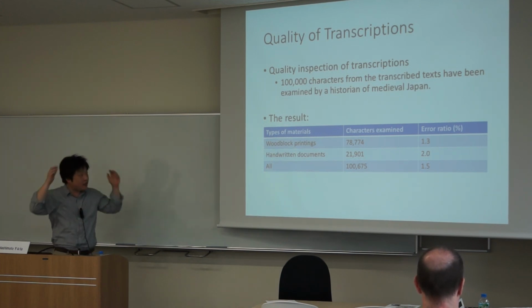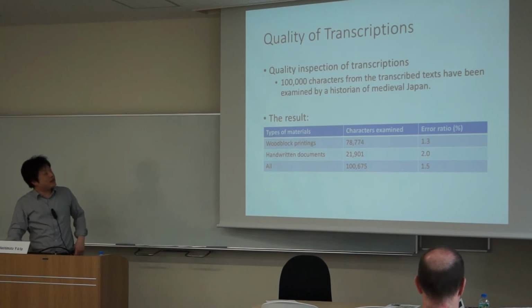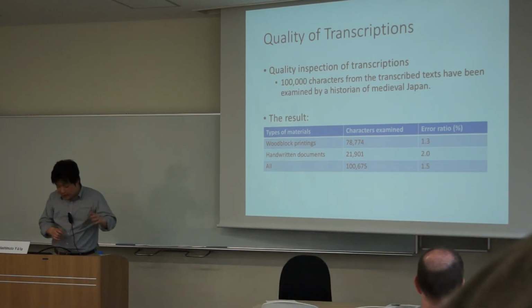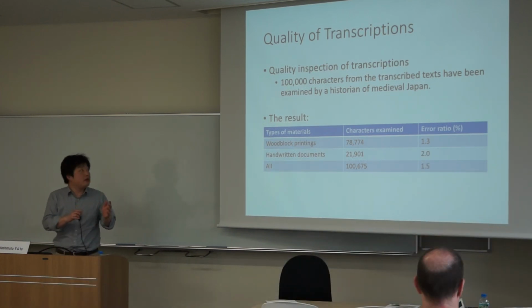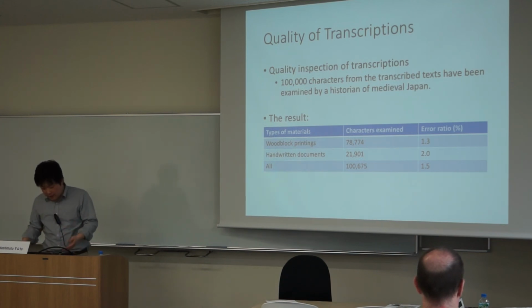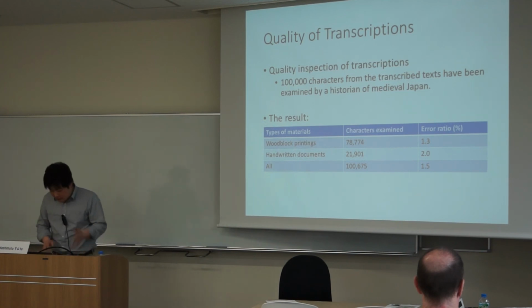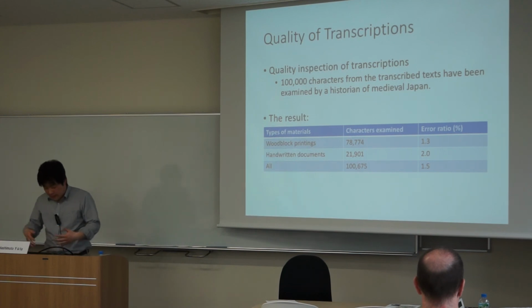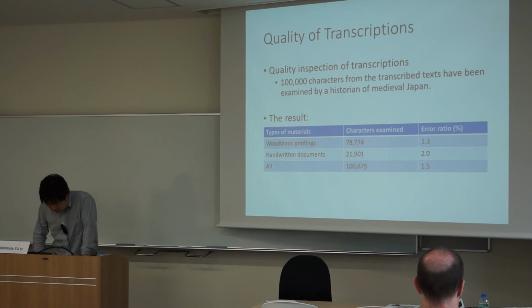So I can't say the quality of transcription on Minna de Honkoku is as good as transcription done by professional scholars, but it is good enough for text search or to grasp the basic meanings of the text.